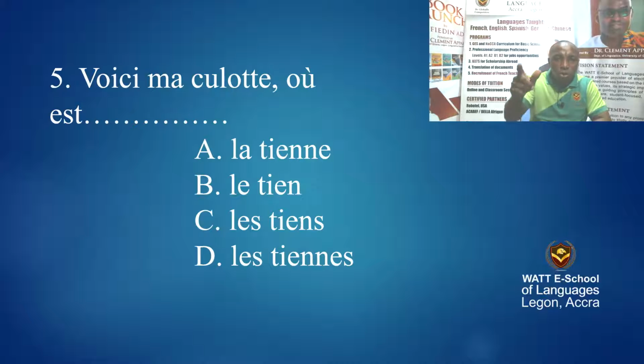So where is yours? The answers are as follows: la tienne, le tien, le tien, le tien. All four answers mean yours. But because of the number and gender of the noun culotte, it's supposed to be la tienne. Great, A is correct.